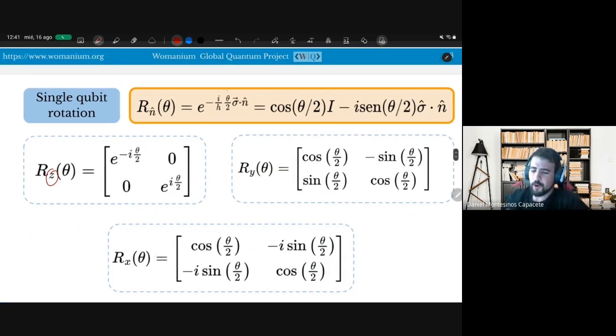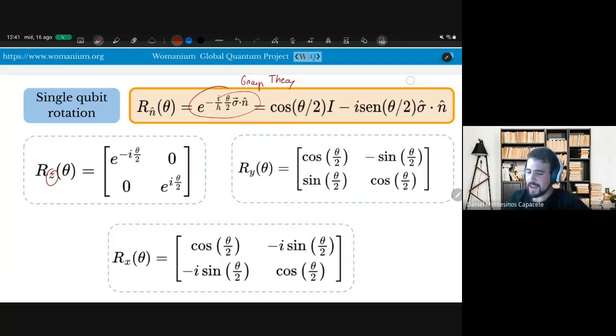Understanding why this is like this requires group theory, so that's why I have this in an orange square.